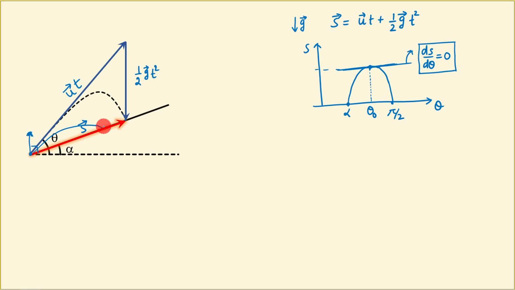If I increase or decrease the value of theta very slightly, by a very small angle d theta, the change in the value of s is going to be 0, because ds by d theta is 0 at this instant. So even if the change in angle is a very small d theta, the change in the displacement is going to be 0. And if there is no change in displacement, we can say that the point of landing will remain the same, this fixed point here.